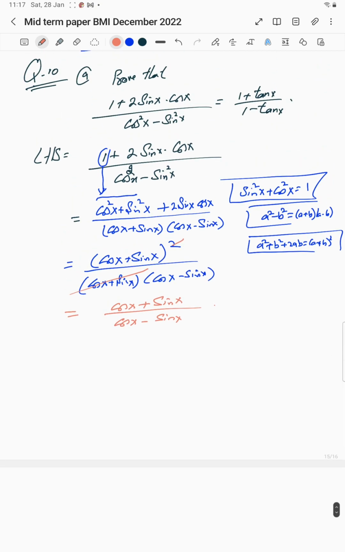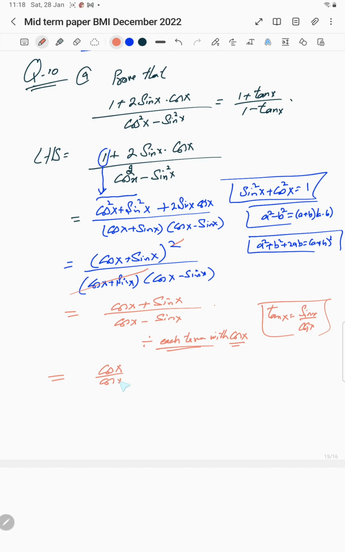As we have to prove this equal in terms of tan, and we know tan of x is the ratio of sine to cosine. So if I divide each term with cos of x, let's see what will come.